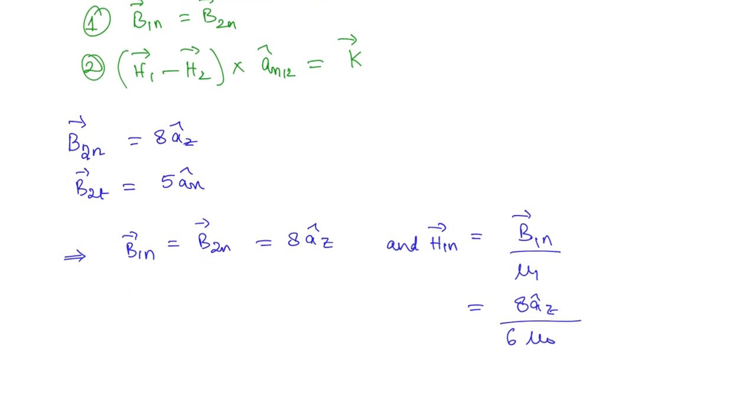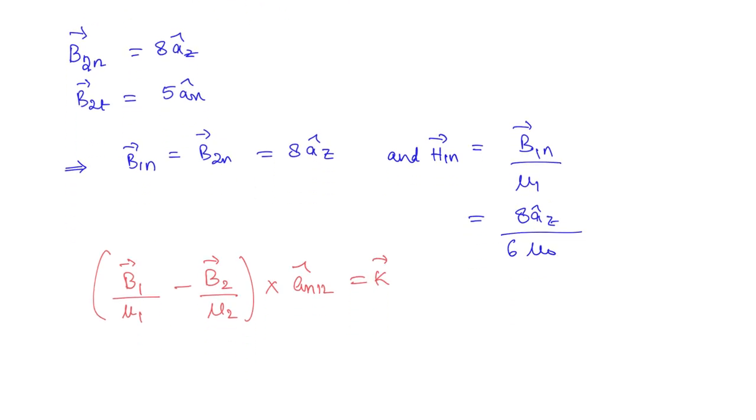We have to write H1 bar in terms of B1 bar. So (B1 bar by mu 1 minus B2 bar by mu 2) cross aN12 bar is equal to K bar.